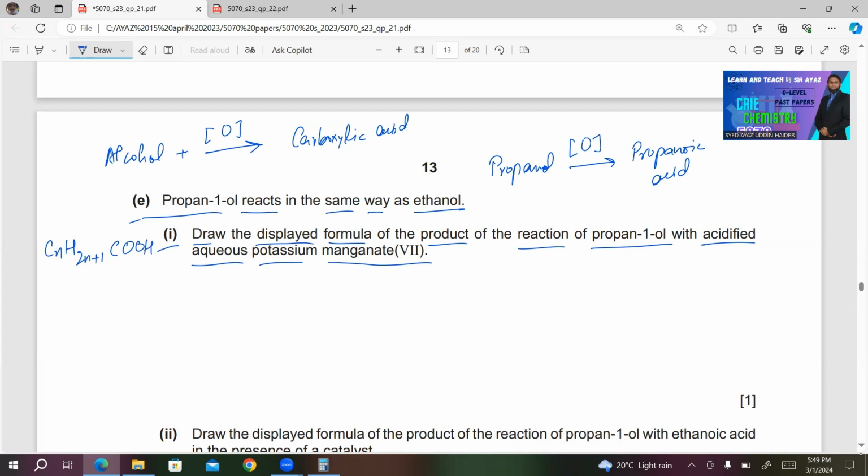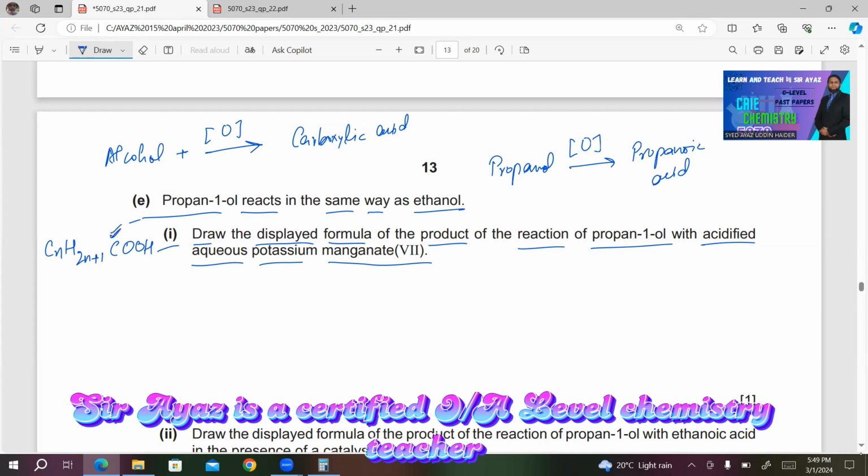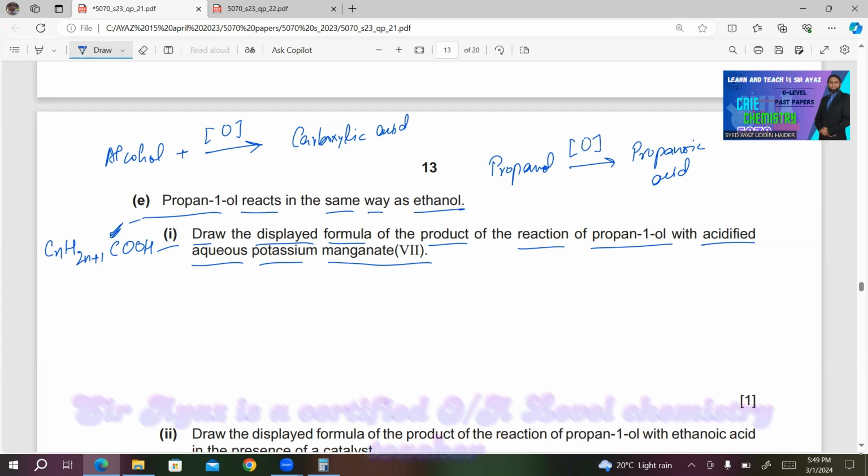The value N must be 2 here because we already have 1 carbon here. So you can't take 3 as the value of N. You have to take 2 instead of 3. So if you take 2, what you will get? You will get C2H, 2 multiplied by 2 is 4, 4 plus 1 is 5. C2H5 COOH. This will be the formula of propanoic acid.